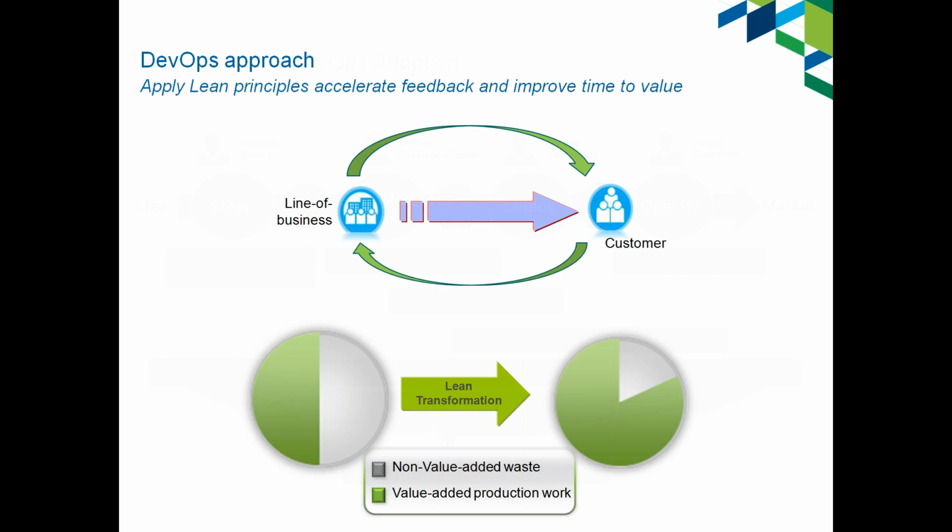But what we often find is that there's elements of waste still within the life cycle process that we go through from an idea to running that idea in production. And as indicated at the bottom, there's a lot of non-value added activities that take place. There's a lot of time that goes by when actually nothing is going on and no one is doing anything particularly constructive.